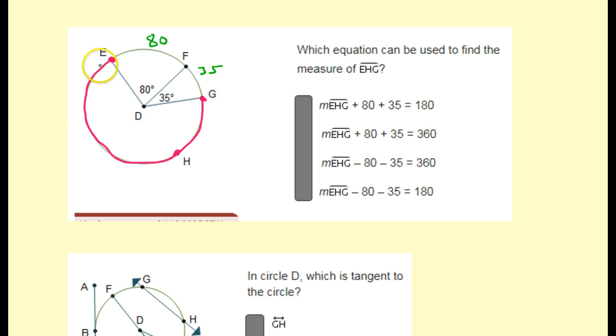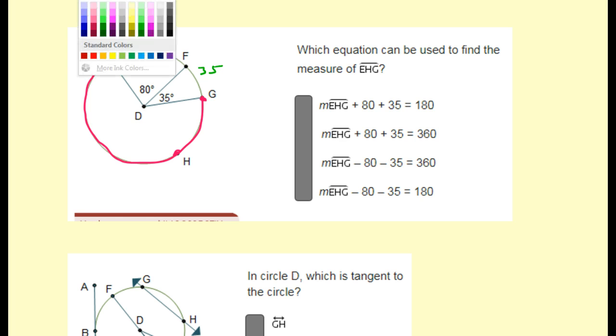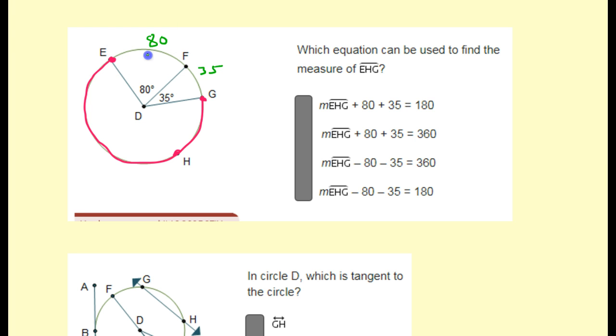Okay, so if I wanted to find arc EHG, I could simply subtract from 360. So if I start with the entire circle, 360, and I subtract the other two arcs, that should leave EHG. So 360 minus 80 minus 35, that should give us the arc that we're looking for.